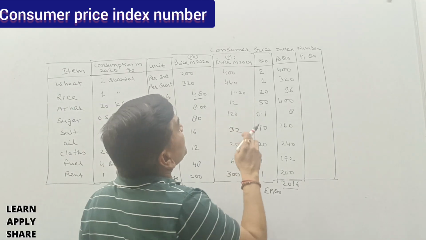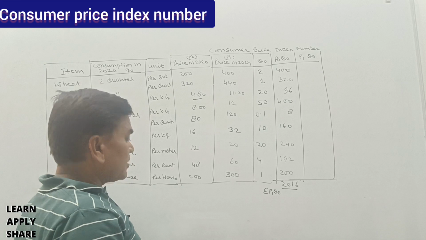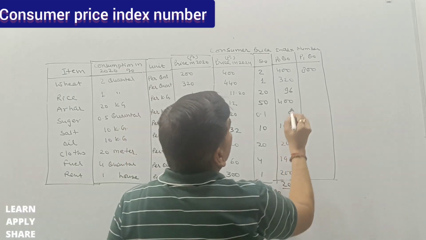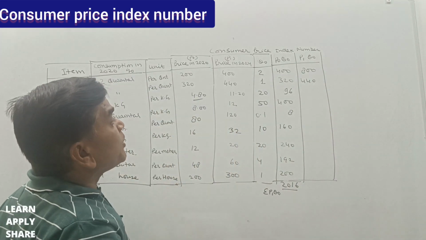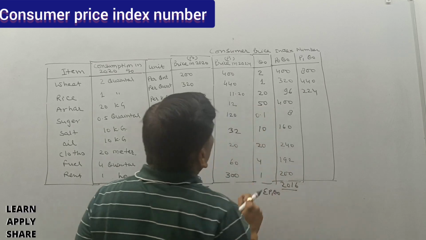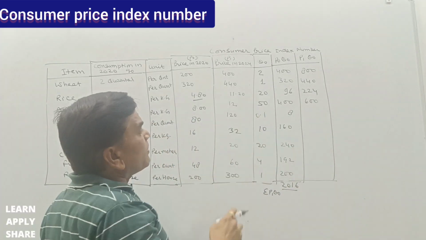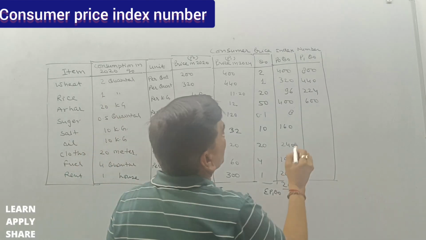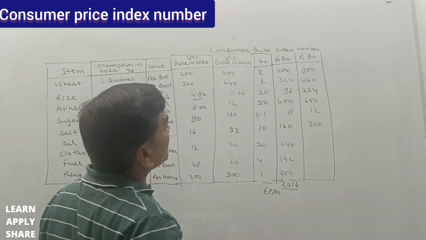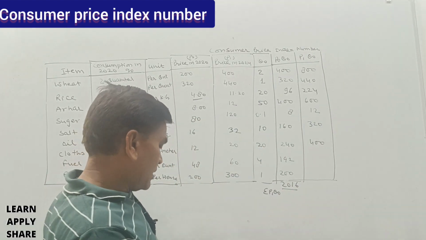Now we want P1 Q0. First one, 400 multiplied by 2, that is 800. 440 multiplied by 1, that is 440. 11.20 multiplied by 20, that is 224. 12 multiplied by 50, that is 600. 120 multiplied by 0.1, that is 12. 32 multiplied by 10, 320. 20 multiplied by 20, 400. 60 multiplied by 4, 240.